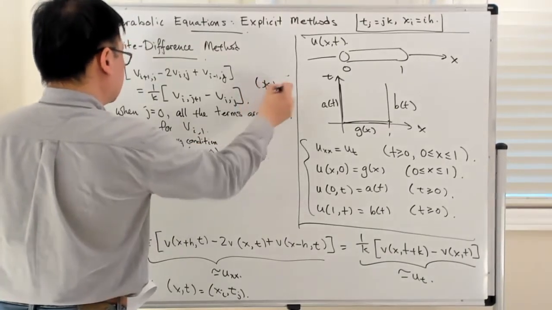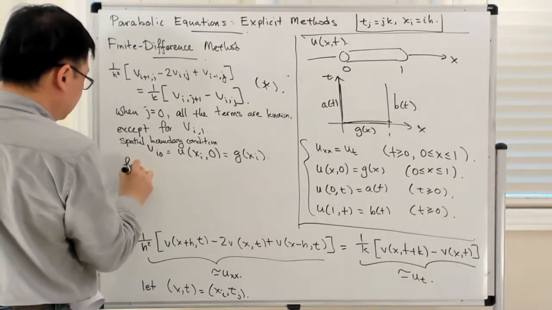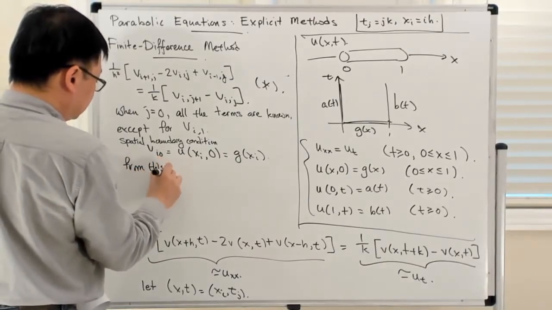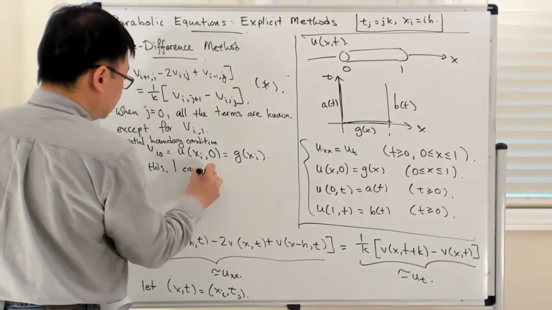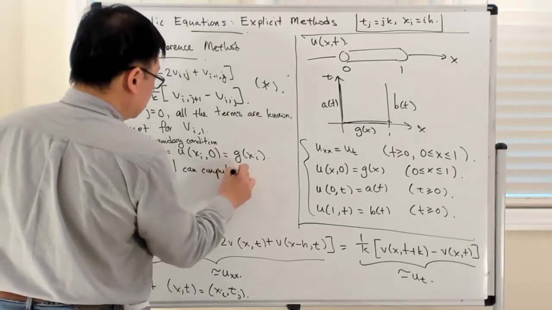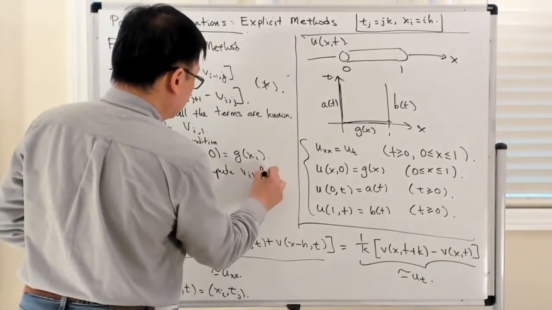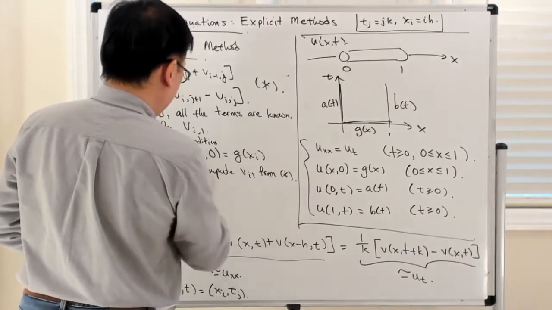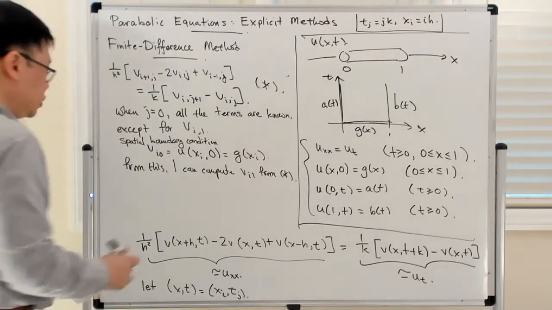Then I'm going to call this star, and from the equation star and these spatial boundary conditions, I can compute v_{i,1}.